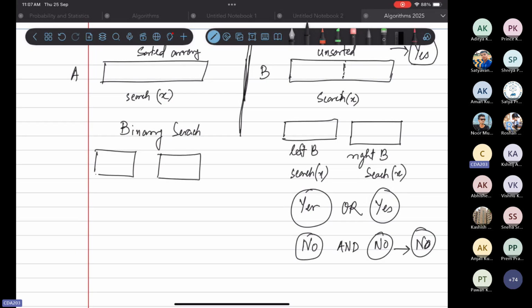When you commit to solving the subproblem on the left hand side, then from the solution of this, if it is yes, you can tell this also has a yes answer, and if it is no, then this has a no answer. You don't have to look into both solutions of the subproblems.